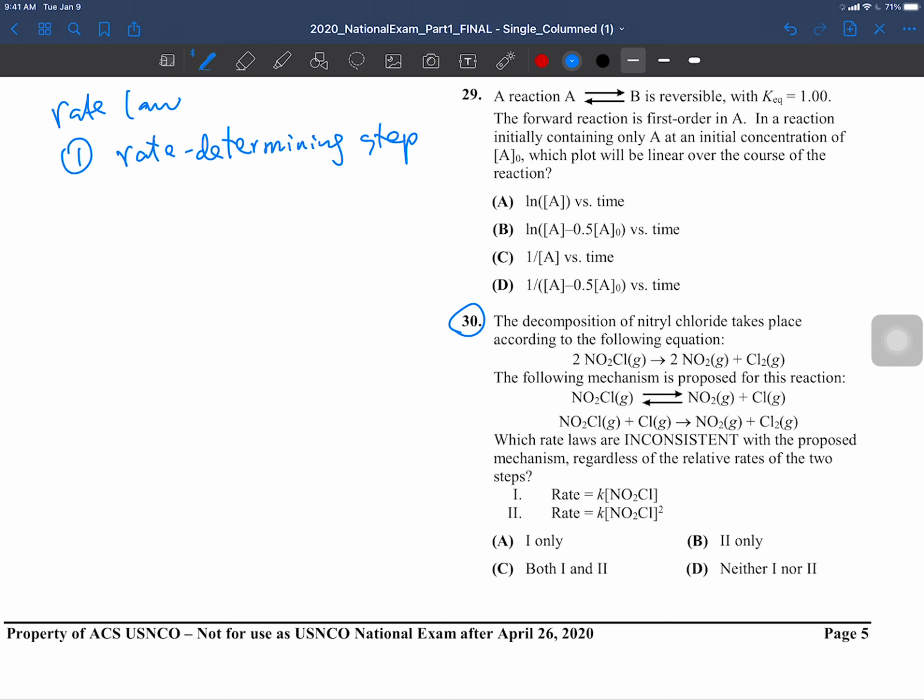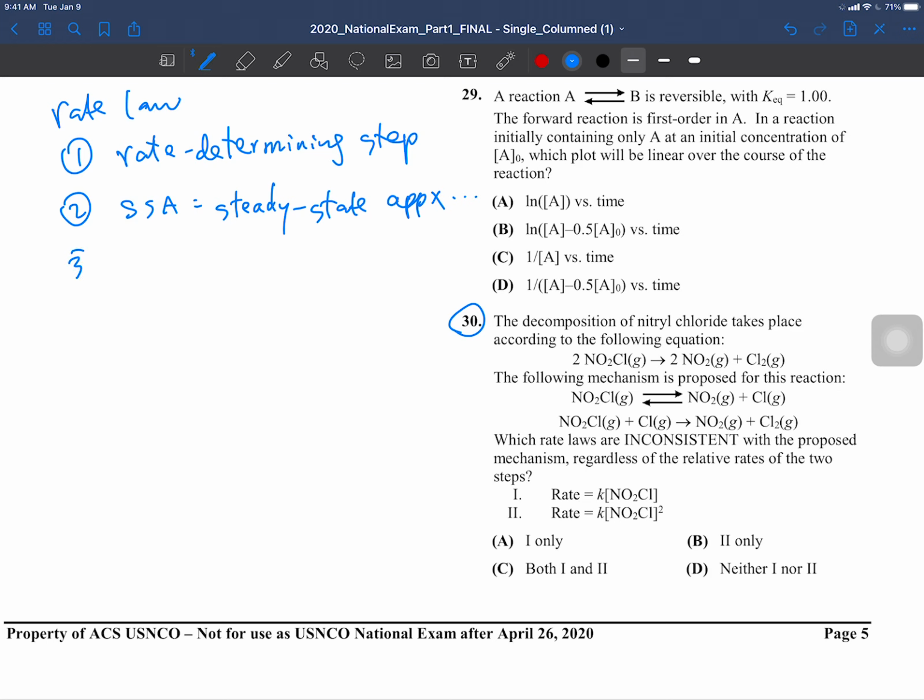You just follow the slowest step, and then this step will determine the overall rate. The second one is called SSA. What is the full name of SSA? It's called steady state approximation. You guys can write down the following.